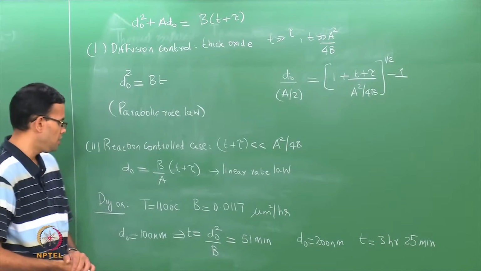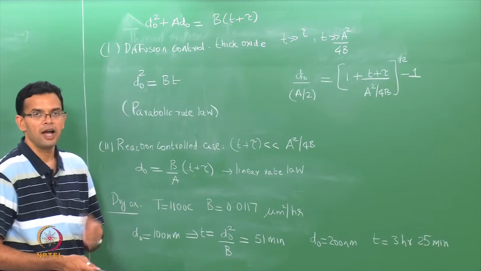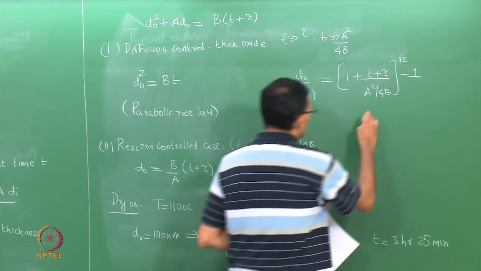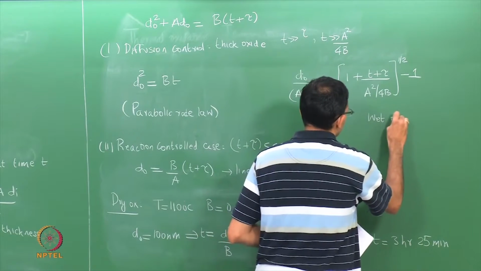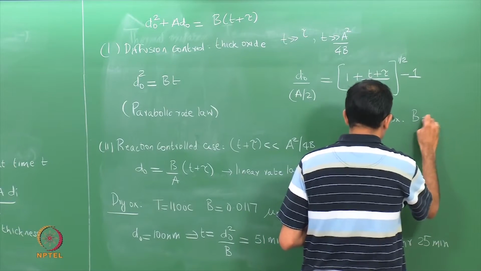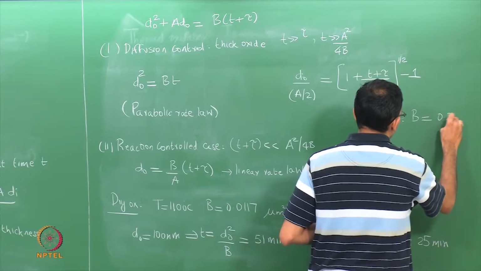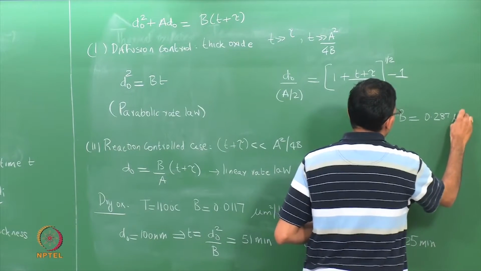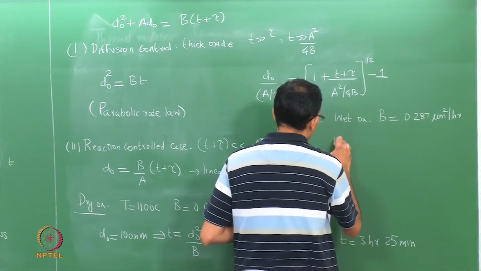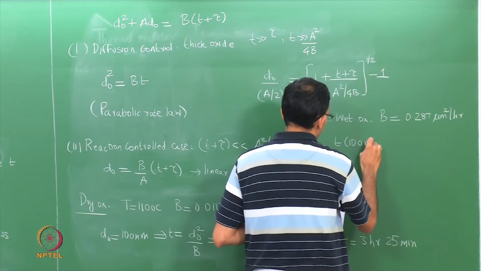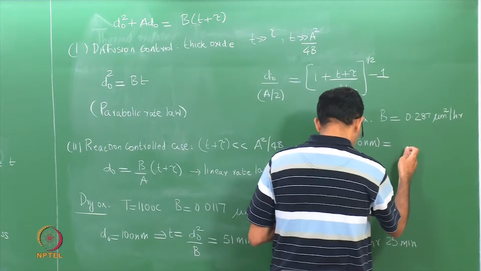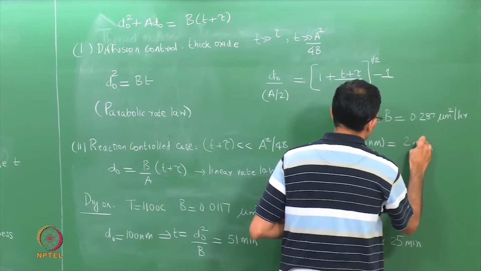On the other hand, instead of dry ox, if you had wet oxidation, B is higher, usually 0.287, so that the time to grow 100 nanometers is just 2 minutes.